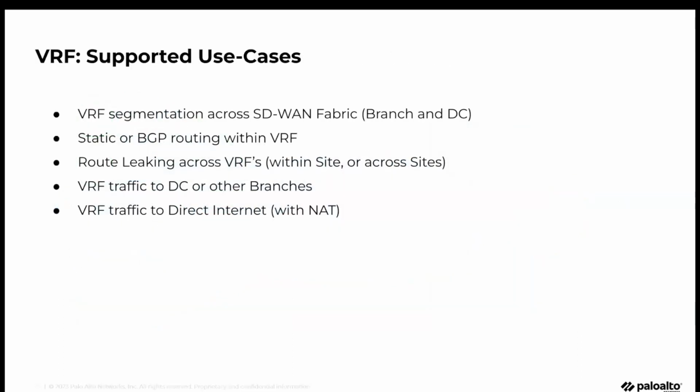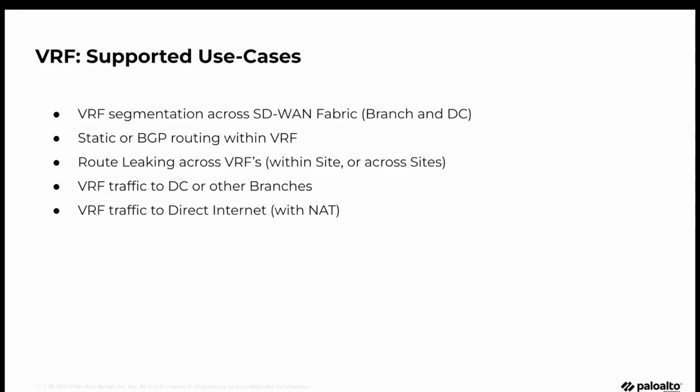So the use cases we support are the VRF segmentation, as I mentioned, across the SD-WAN. We can do both static or BGP routing within a VRF. We can also do route leaking between VRFs, either within the same site or across sites. And your VRF traffic from a branch to a DC or a branch to other branch. And you can also have VRF traffic going directly to the internet with NAT.